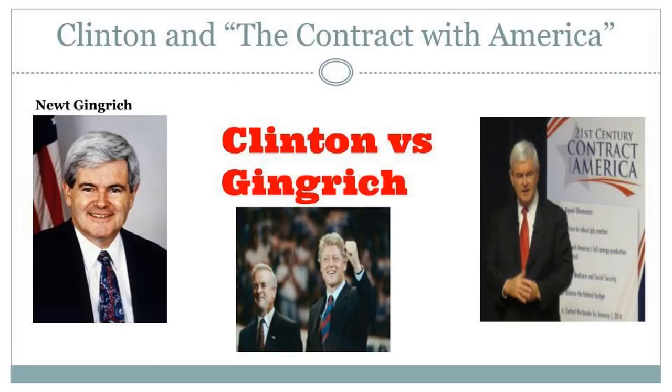The contract was a pledge by the conservatives and the Republicans, for the most part, to scale back the role of government, so to limit government, to lower or cut taxes, and to help balance the budget. It helped propel the Republicans to victory in the 1994 congressional elections.